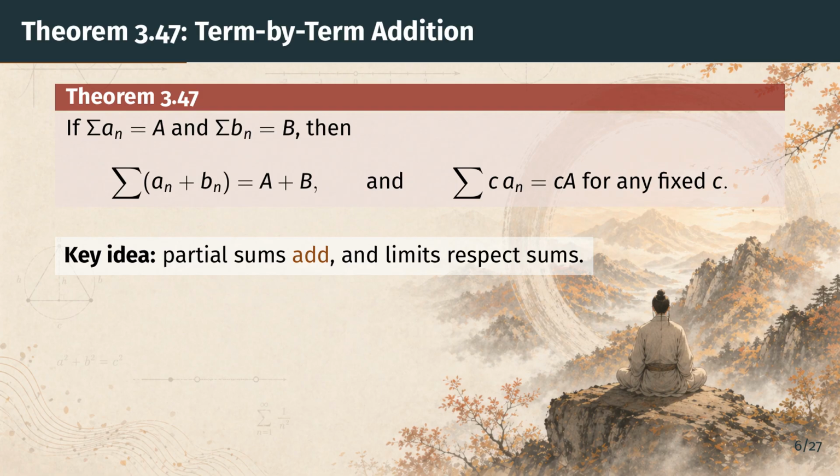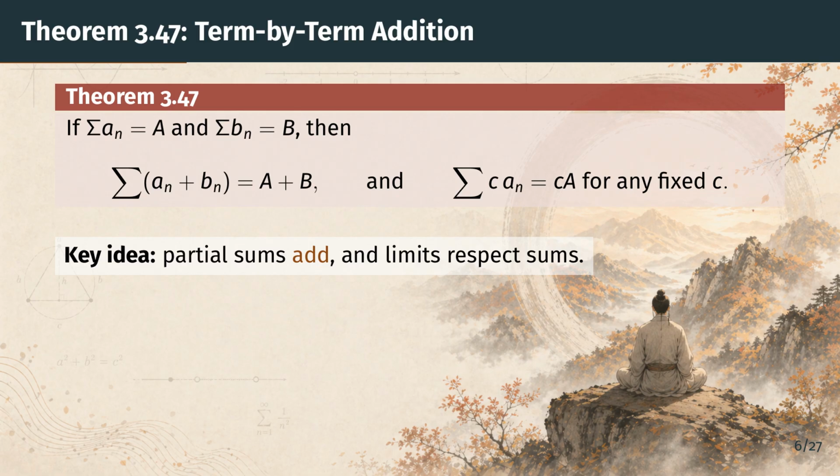If the series of A sub n converges to A, and the series of B sub n converges to B, then the series whose nth term is A sub n plus B sub n converges to A plus B. Moreover, multiplying every term by a fixed constant C multiplies the sum by C. The key idea shown below the box is that the partial sums of the new series are exactly the sums of the old partial sums. So the arithmetic of limits from theorem 3.3 does all the work.